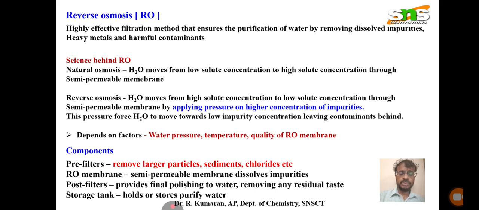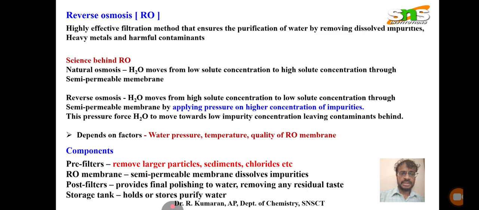We know very well about RO; even in our day to day life we are using it, in homes also. It is a filtration method that ensures the purification of water by removing dissolved impurities, heavy metals, and harmful contaminants. So what is the science behind reverse osmosis? In natural osmosis, water moves from low solute concentration to high solute concentration through a semi-permeable membrane.